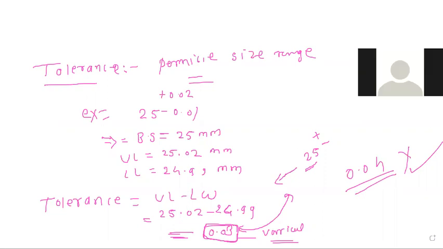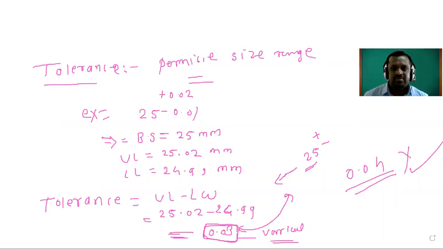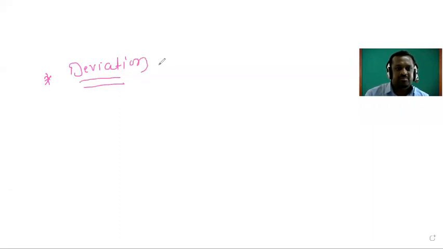Okay. Then the next part is deviation. Again, it is a very important part. Deviation. Then tell me shortly what is meant by the deviation.